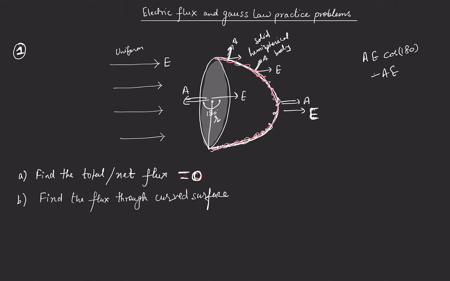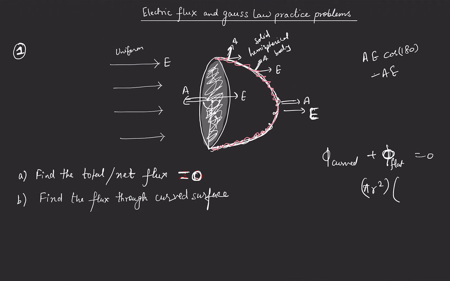So we know that the flux through the curved surface plus flux through flat surface of the hemisphere is zero, because net flux is zero, and we know that flux through flat surface is negative, which is equal to area of the flat surface. Since we are given radius to be r, area of flat surface is pi r square into the magnitude of electric field.